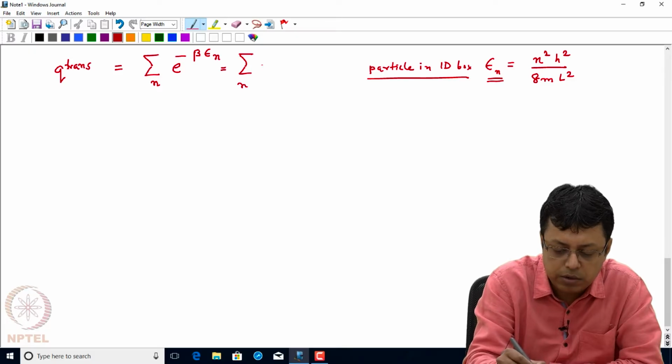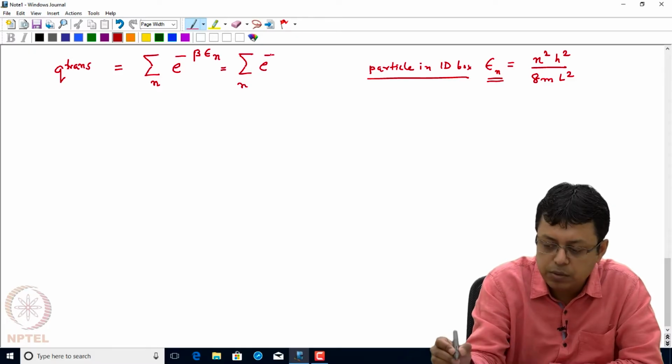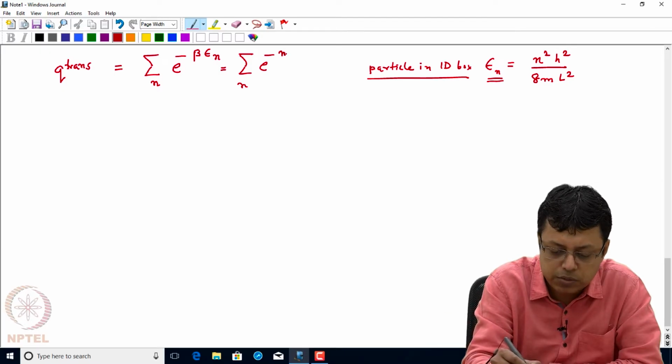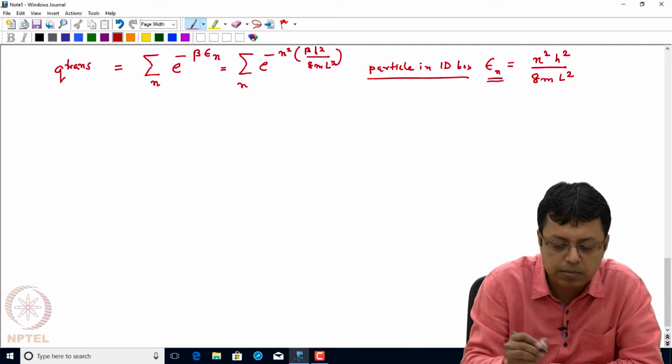it is nothing but e to the power minus, so it will be n squared h squared by 8 m l squared, so it will be n squared times a constant, which is nothing but beta h squared by 8 m l squared, something like that.